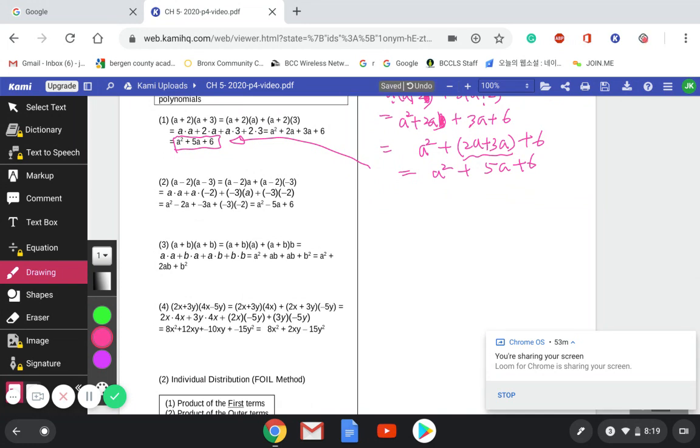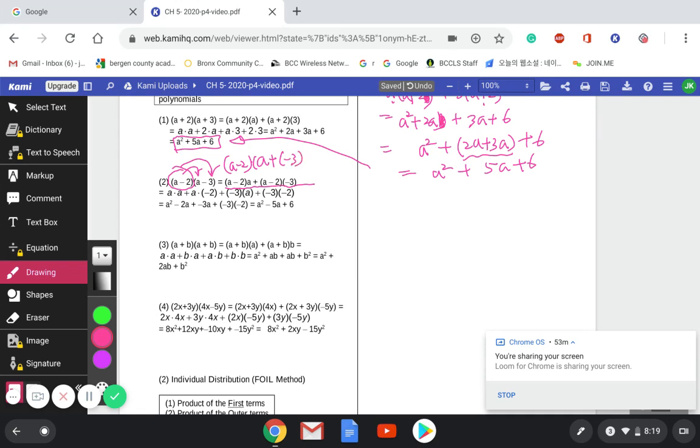Now again, another example, a minus 2 as a group, and I'm distributing it. So I got this. It's only because in this particular one, I changed a minus 2 into a plus negative 2.